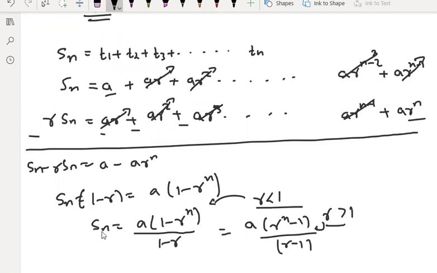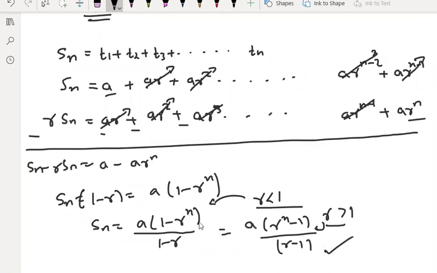We need to find Sn, so Sn is equal to A times 1 minus R to the power n by 1 minus R. This formula or the other one depends on which you are subtracting from which; if you subtract Sn from R Sn, you will get the other equation.